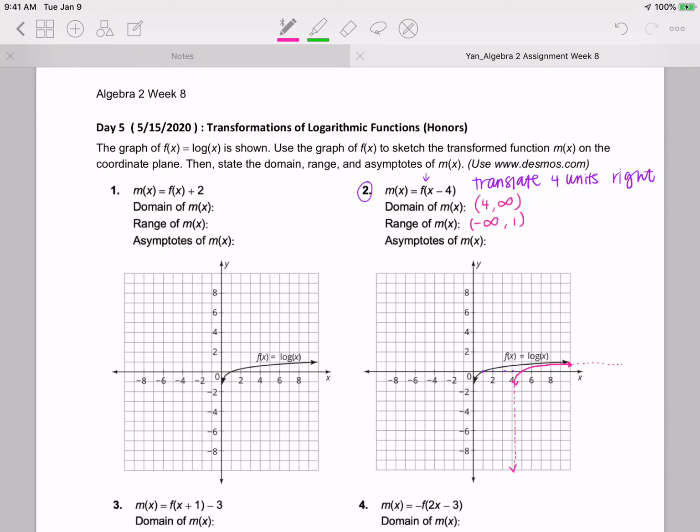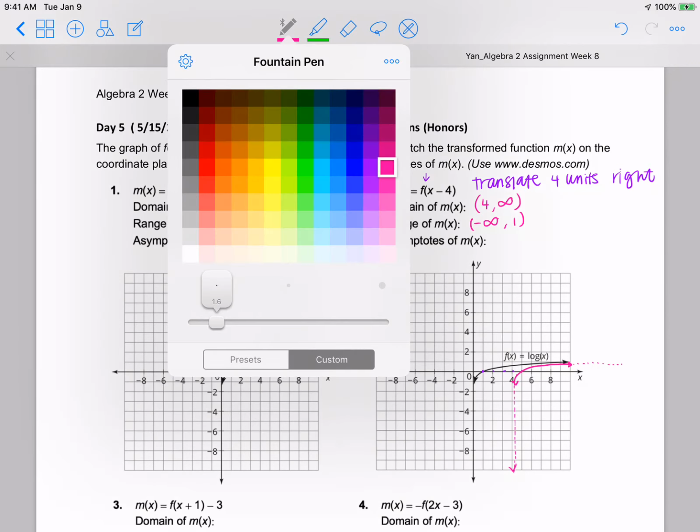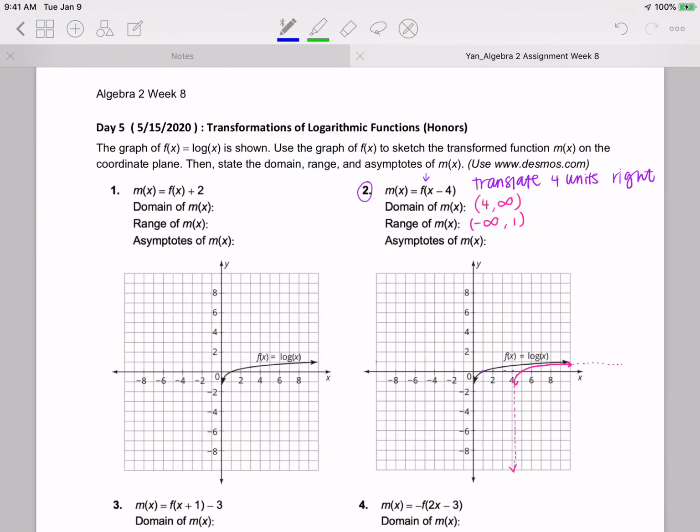Okay, so these numbers that we're using, 4 and 1, because we're not reaching them, those become our asymptotes. Okay, lines that we'll never reach. So in this case, our vertical asymptote would be what, and our horizontal asymptote would be what?